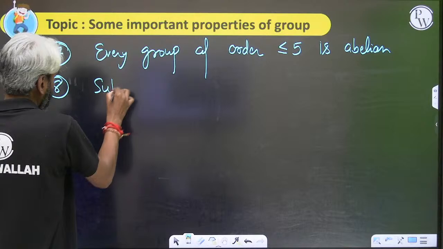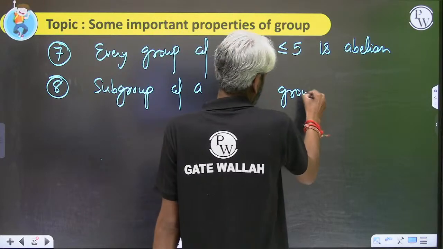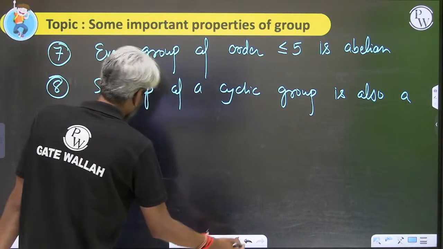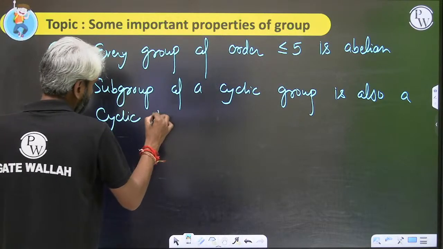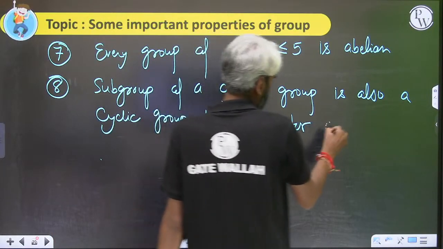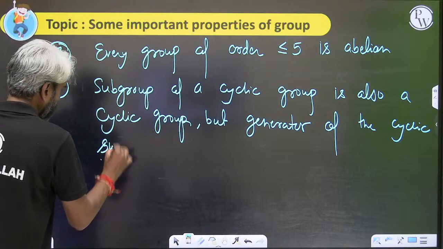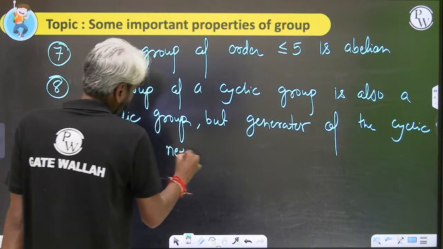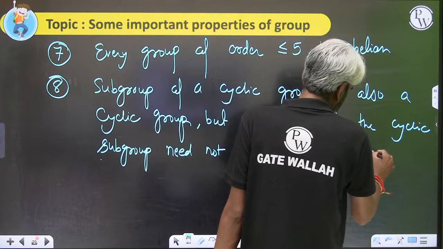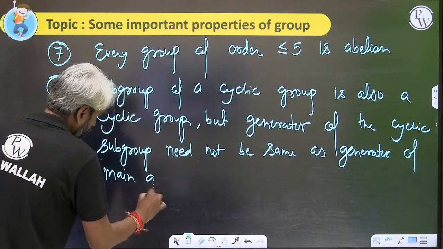So subgroup of a cyclic group is also a cyclic group, but generator of the cyclic subgroup need not be same as generator of the main group. Main means from which it is obtained.